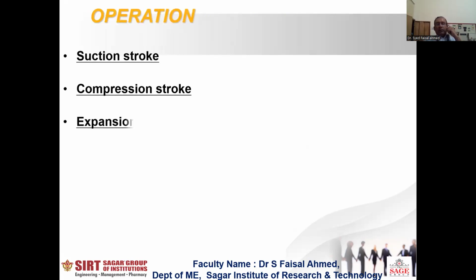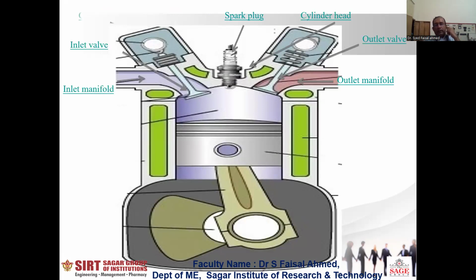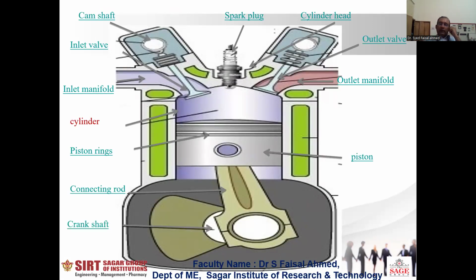The operations in all engines mainly consist of suction, compression, expansion, and exhaust strokes. Now you can see in this figure the various names and terminology used for the four-stroke engine. It's called a petrol engine. These are the various terms, and the parts are classified accordingly.